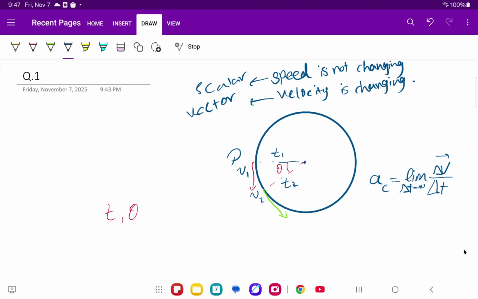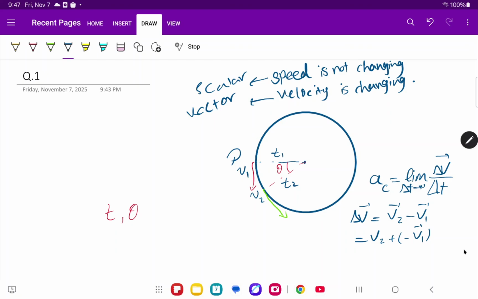Now, delta v is literally v2 minus v1, which can also be written as v2 plus minus v1, so we can view it as the sum of two vectors.